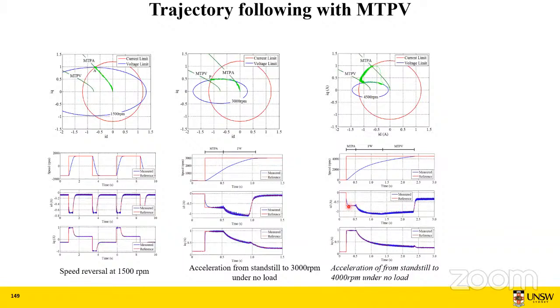During MTPA, we have a certain negative ID current value. Then during the flux weakening, the ID current has become higher on the negative side. Before it was about 0.8, later it became minus 1.1 or so. That's the flux weakening. Once the speed is reached and it's steady state, the current settles down to whatever the torque demands.